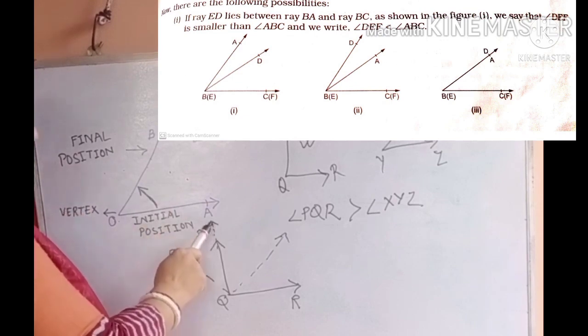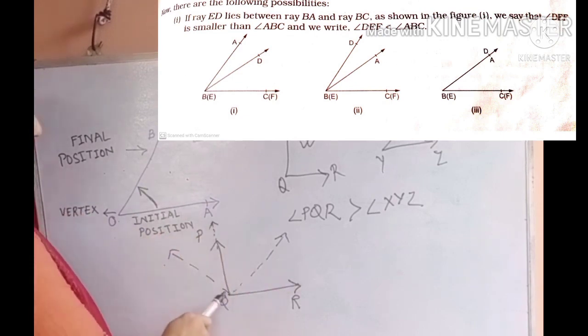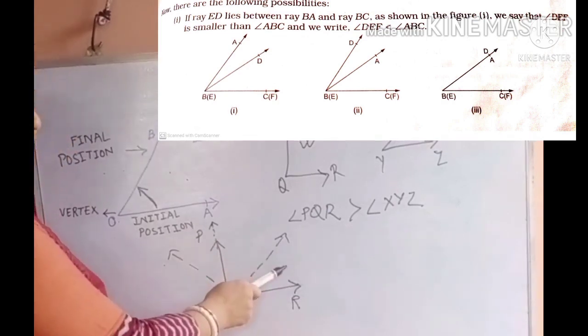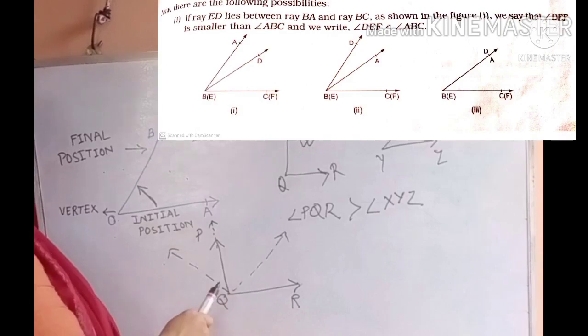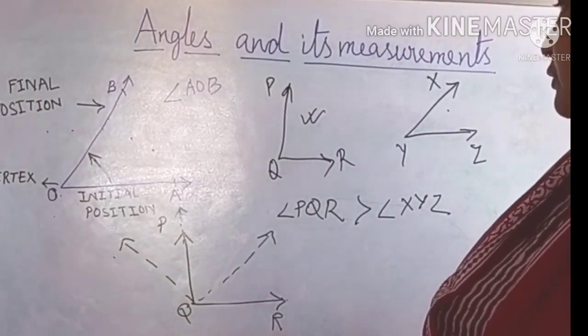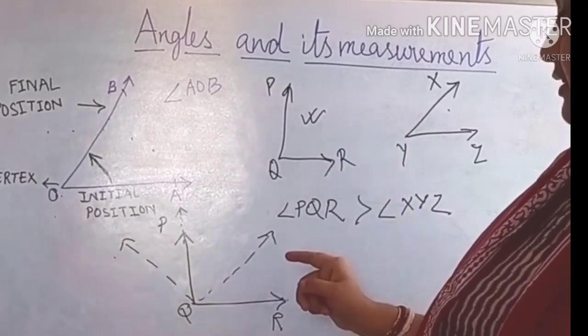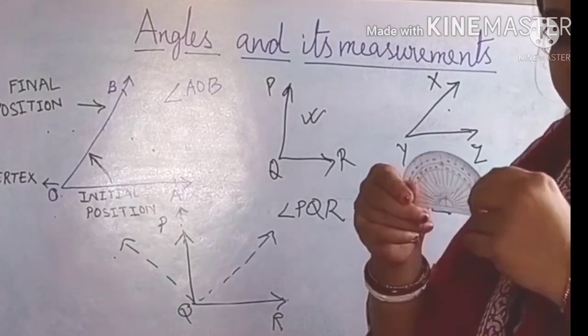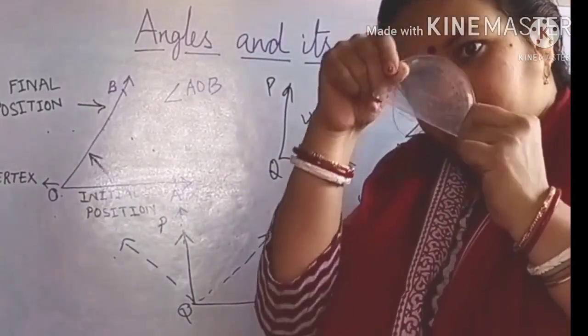If it is here, then both the angles are equal. And if it lies within this PQR, then it is smaller than PQR. So the first way to compare was by inspection, the second was by tracing it, and the third by using a protractor.